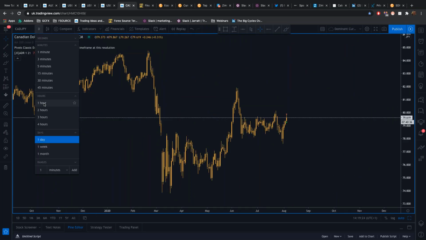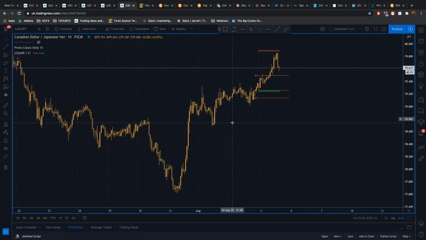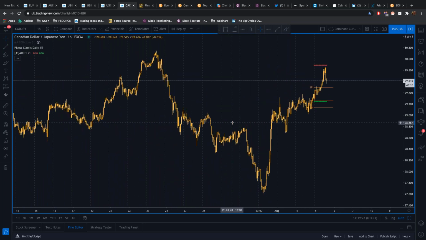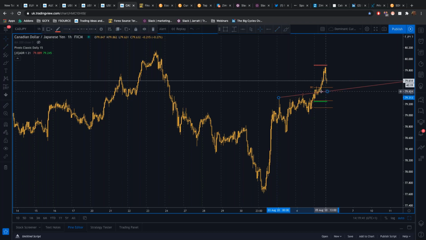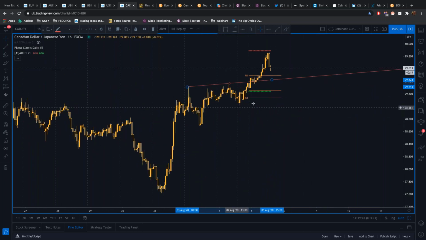On the hourly chart, this is a good example, because you could have come to this chart early in the morning. Just going above that high there.